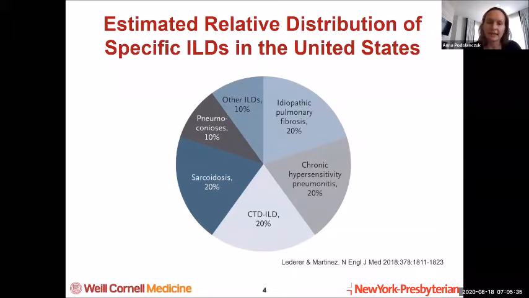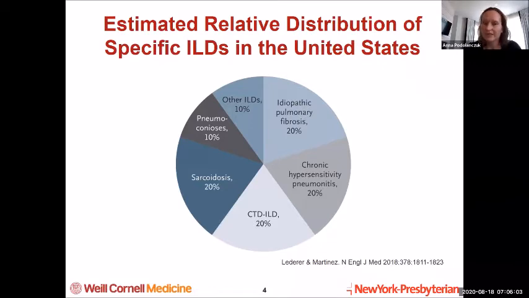This is just an example from a publication from 2 years ago that shows you an estimated relative distribution of some of the more common interstitial lung diseases. This is just an estimate in our general practice in New York City. These are the types of interstitial lung diseases. So 20% roughly of our ILDs are idiopathic pulmonary fibrosis, or IPF.